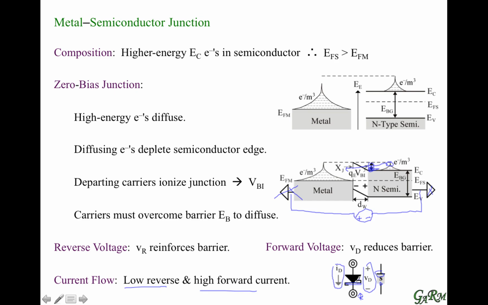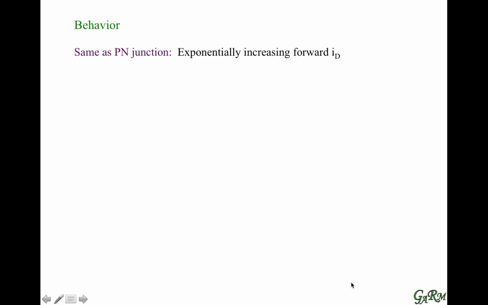And then we put flares here at the ends, to distinguish the Schottky diode from the PN-junction diode. So behaviorally, the Schottky diode is the same as a PN-junction diode, where the forward current increases exponentially with forward voltage. But there are some differences.